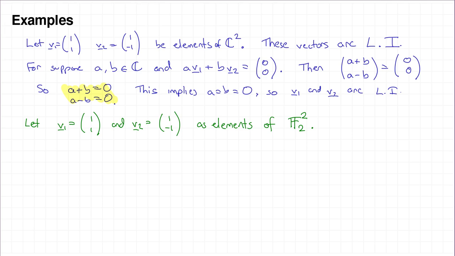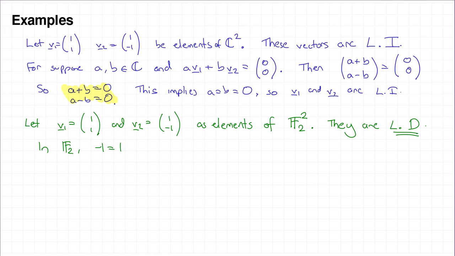All right, well, I hope you did. And the answer is that these things are linearly dependent as elements of F2 squared. Right, the reason for that is in the field with 2 elements, minus 1 is equal to 1, because minus 1 and 1 differ by a multiple of 2. In fact, they differ by 2.